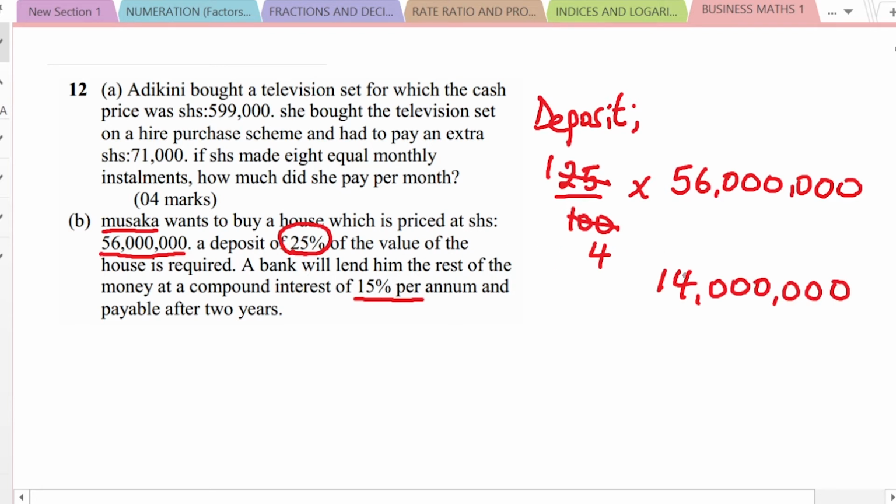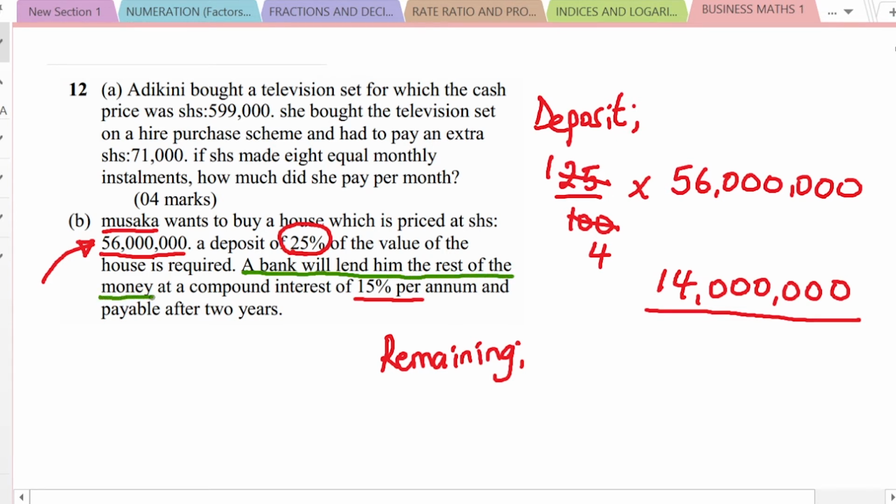So 14 million happens to be the deposit. After depositing 14 million, how much is remaining for us to pay? That is simply the 56 million minus the 14 million. Remember, it's the remaining, because according to the question, the bank will lend him the rest of the money after this deposit.